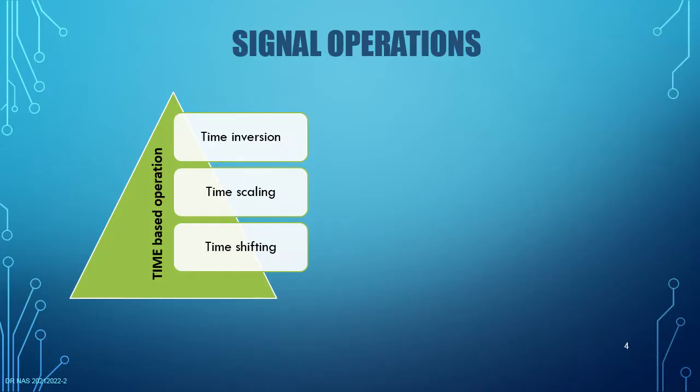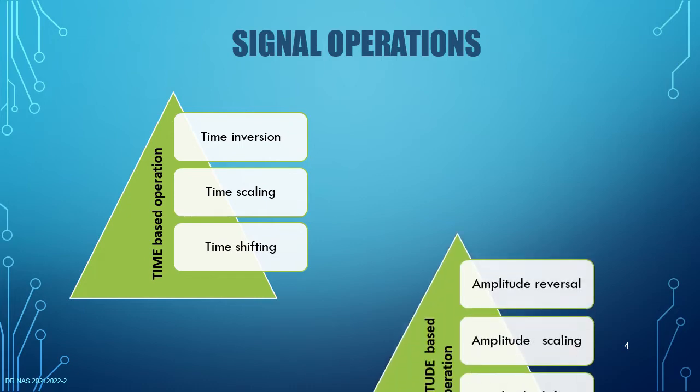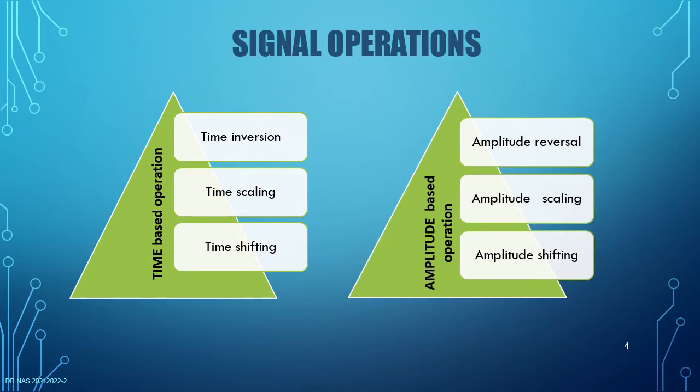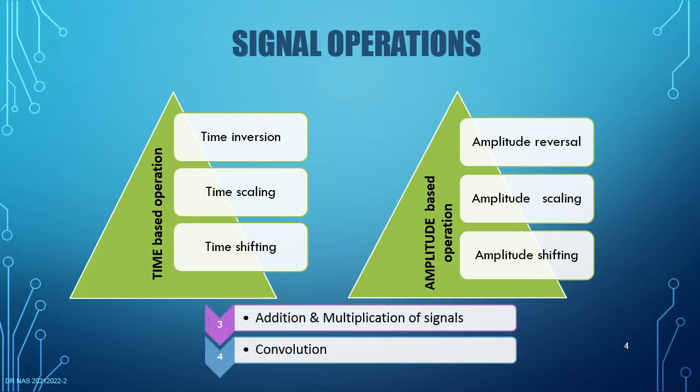This slide shows the different operations in time-based and amplitude-based, whether the signal is being inverted, scaled, or shifted in time or amplitude. The signal also may be added or multiplied with another signal. And lastly, we're going to discuss the convolution.